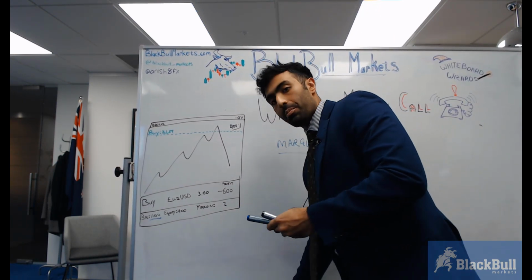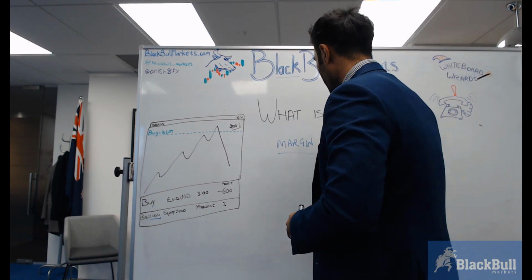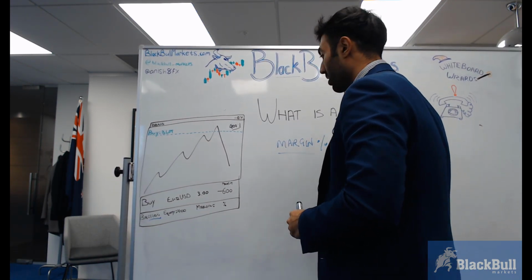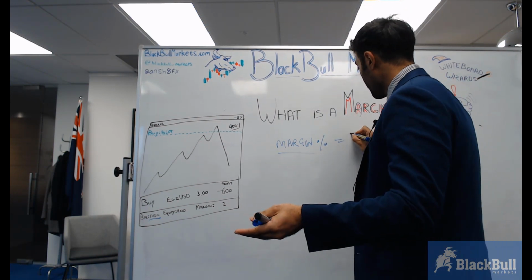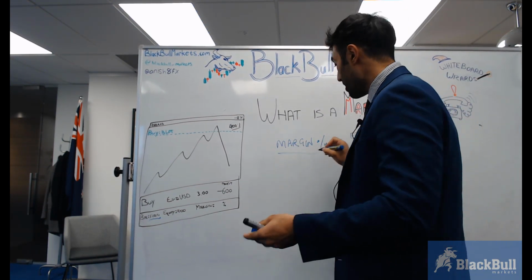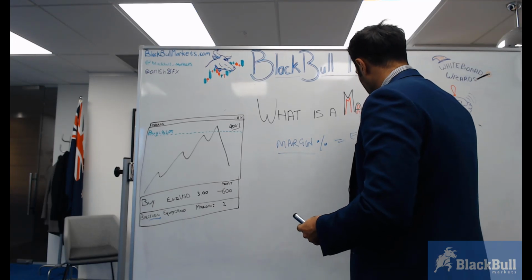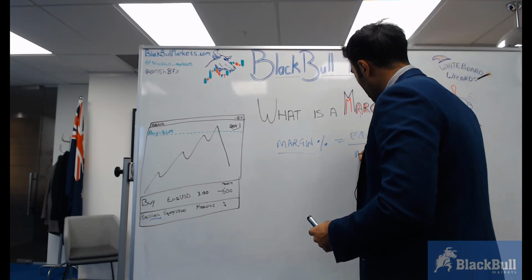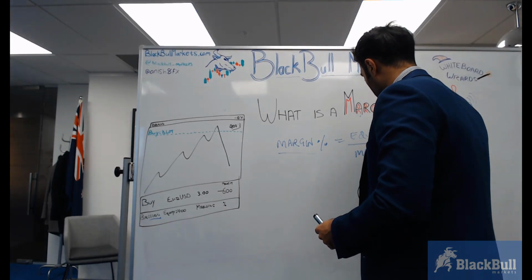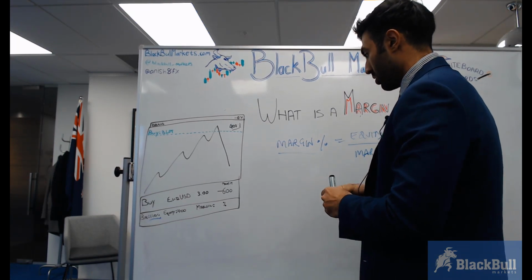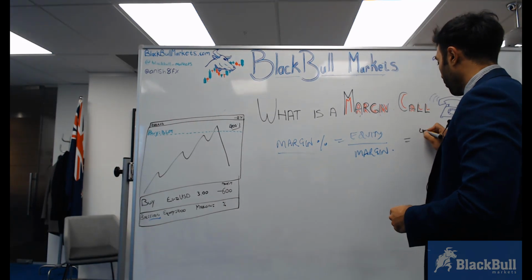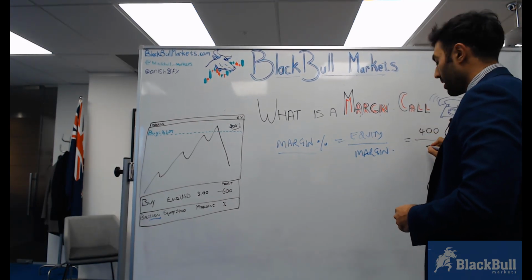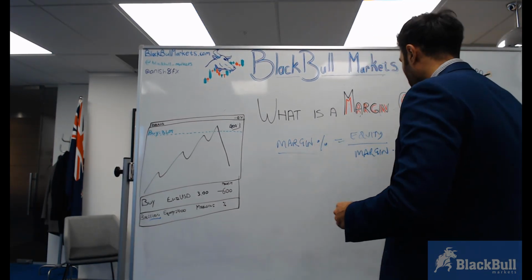So we'll just call it margin percentage in this example. Taking our current example, the formula derived to find this is your equity divided by your margin. So your equity being, in this example, $400, and your margin being 842.58.